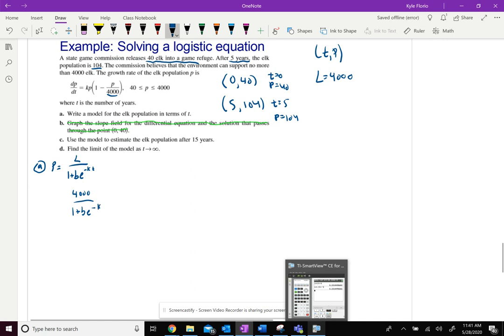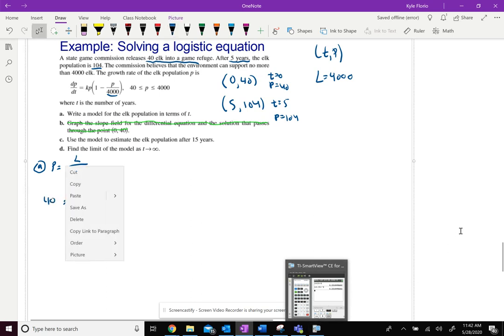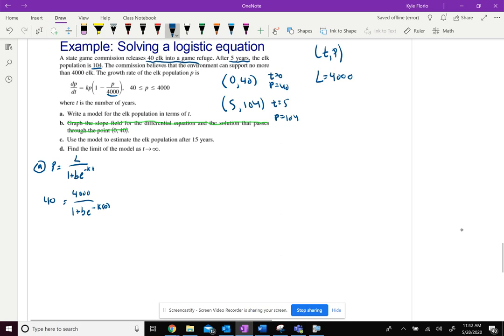We want to find out what the population is. Let me use these points here. At time 0, the population is 40. So e to the 0 is 1. So 40 equals 4,000 over 1 plus b times 1, which is b.